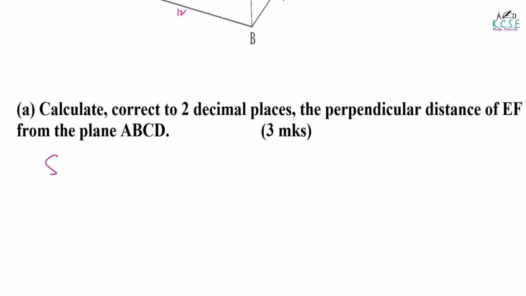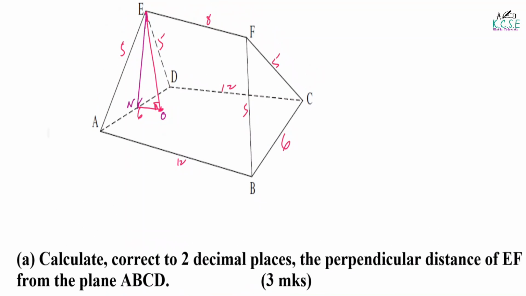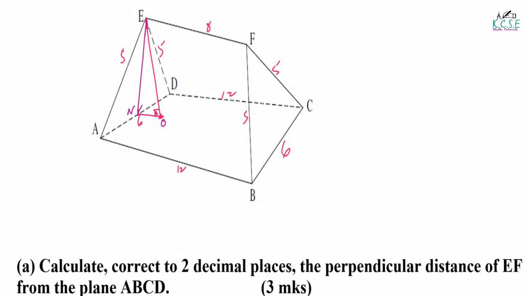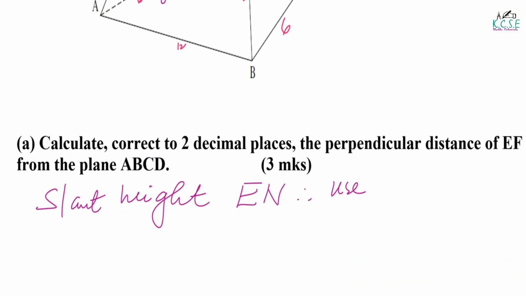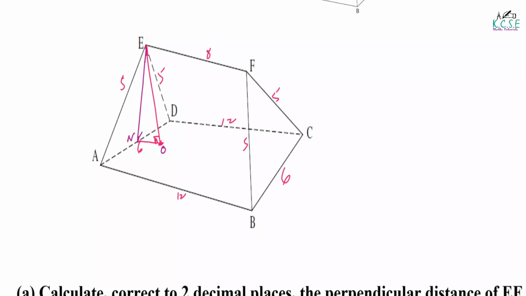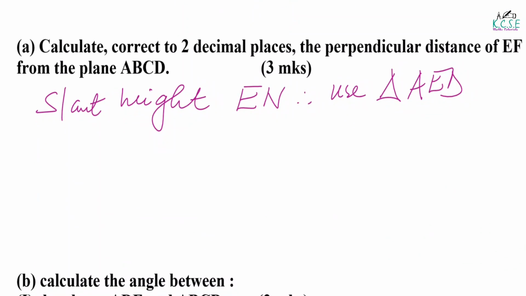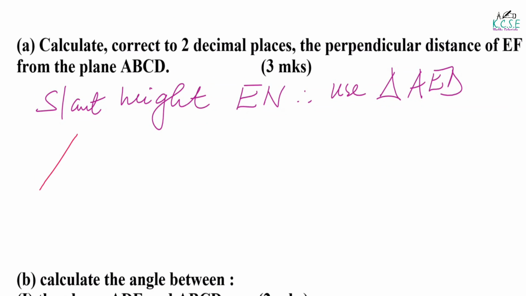The slant height EN, you can see it from the diagram there. To get that slant height, we use triangle AED. These will be very important. So when you look at that triangle, we can extract it here. Just a sketch, we'll draw a better one.